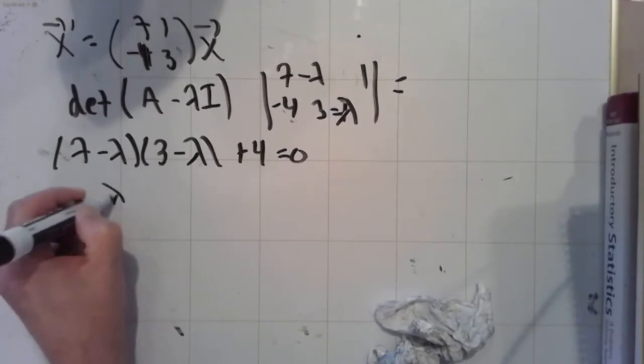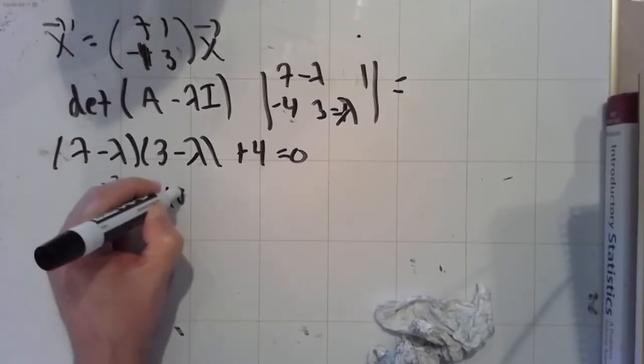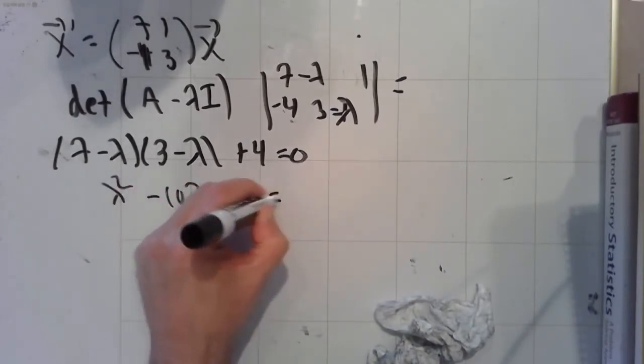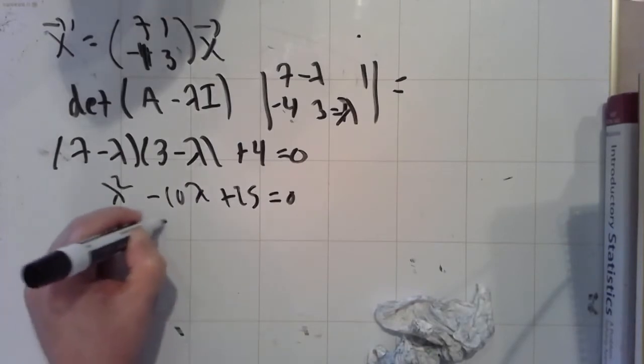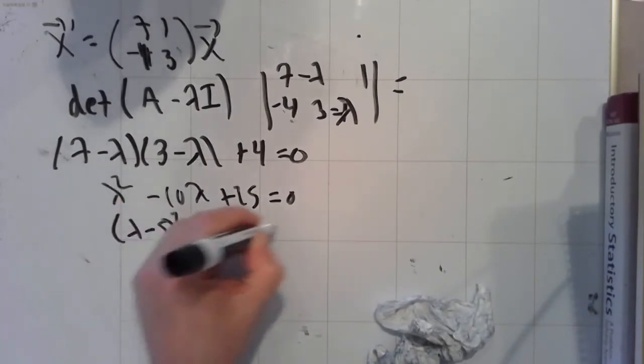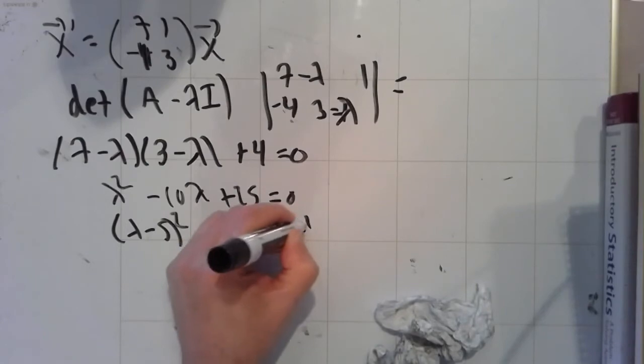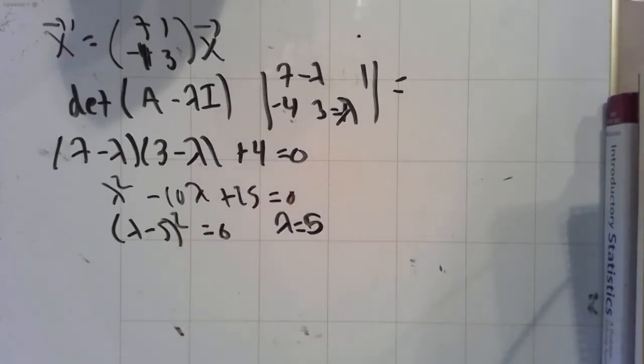Okay, that reduces to lambda squared minus 10 lambda plus 25 equals 0, which is lambda minus 5 squared equals 0, so we get lambda equals 5 twice.